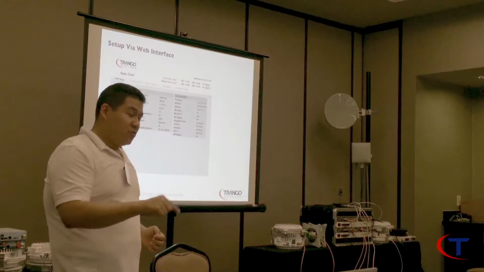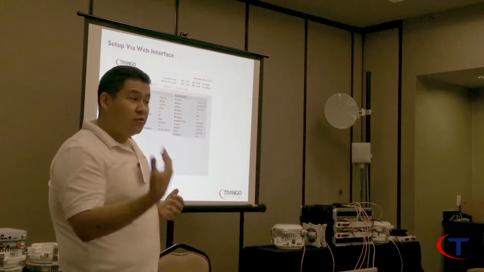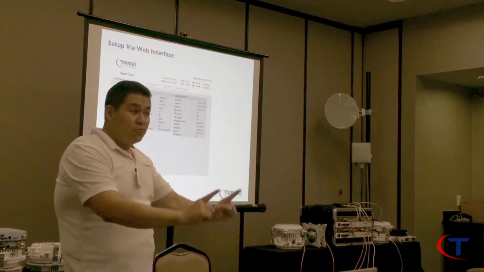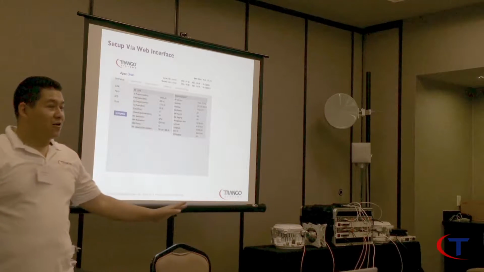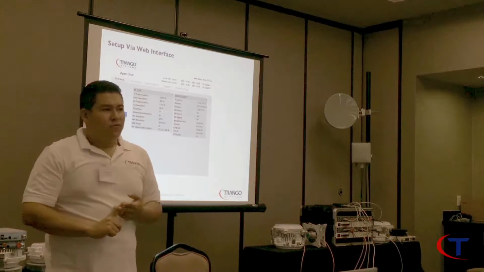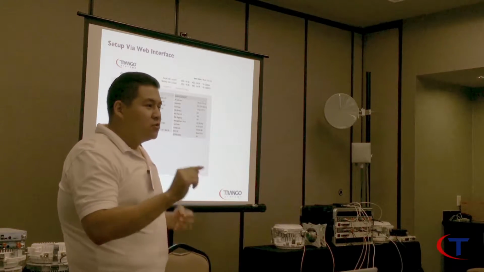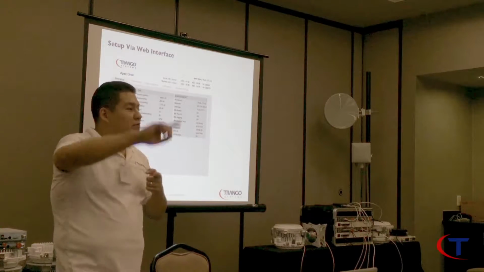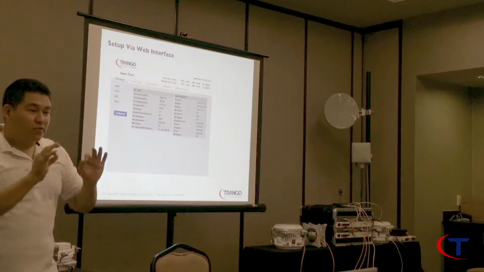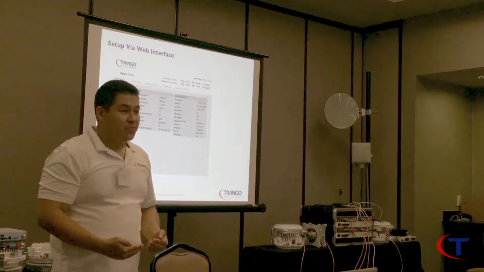Another good thing on the Links and Orions is you have a syslog server. Because the other thing that happens is, if you reboot the radio, the syslog is gone, right? On the new products, Orion Links and SM24Es, you can actually configure a syslog server, so everything that happens is forwarded to the syslog server. So even if the radio reboots, you still have the last action that happened before the reboot.